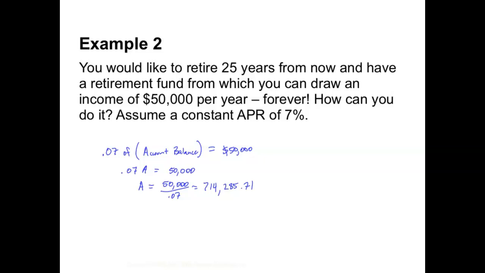How do I do it? What sort of monthly deposits do I need to start making so that I can accumulate that in the next 25 years? I'm going to do this using the TVM solver. All right, so here's what we're going to do.